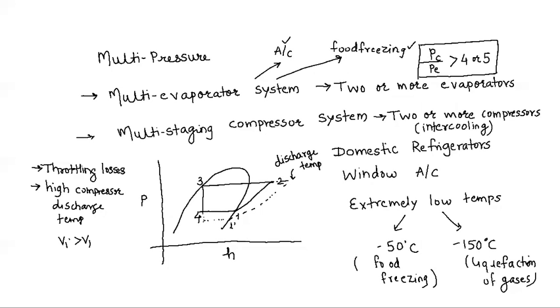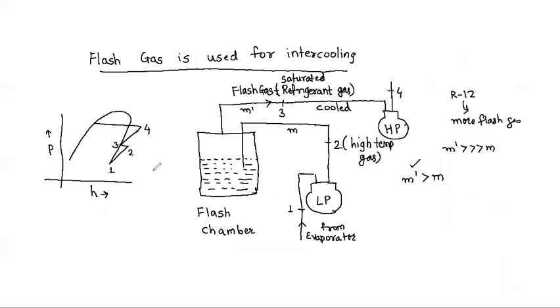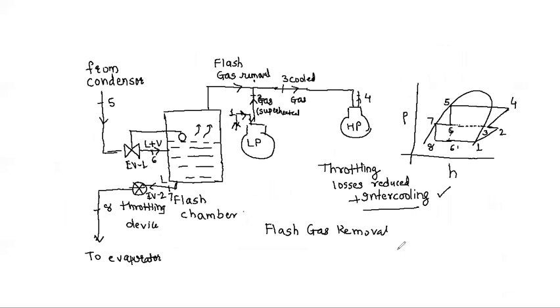I also discussed flash gas removal and flash intercooling, and we said that flash intercooling may or may not be desirable. We said flash gas removal is useful and reduces the throttling losses, so it is always a very desirable arrangement.